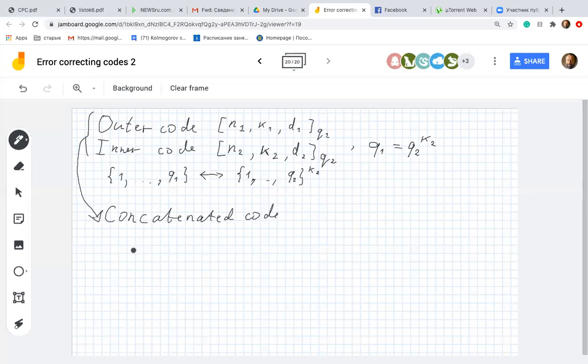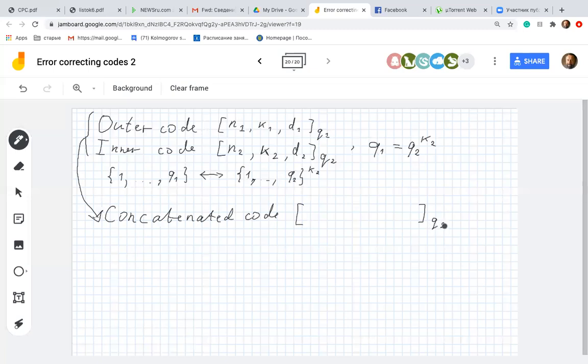We will compute its parameters later, but one parameter is clear at the very beginning. The whole idea is to reduce the alphabet.